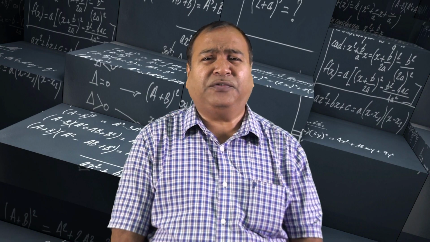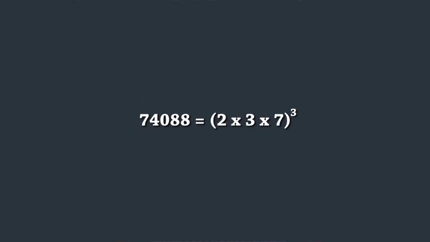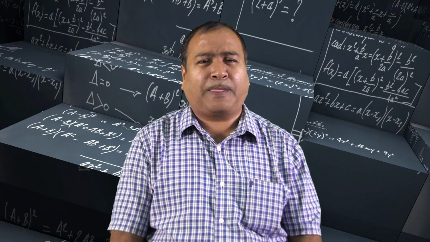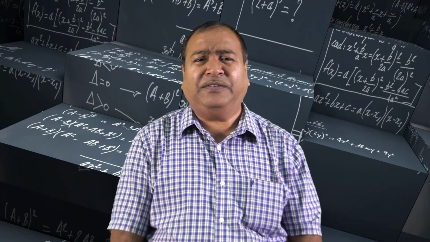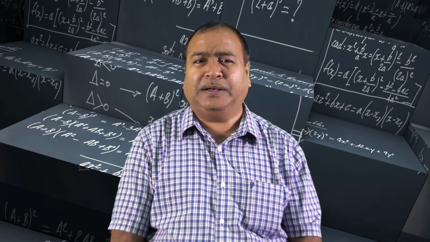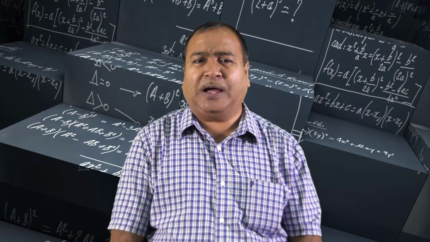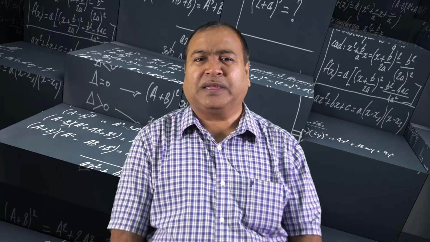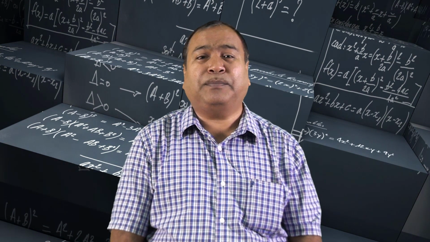Therefore, 74,088 can be written as 2 into 3 into 7 whole cube. Therefore, cube root of 74,088 is equal to 42. Here we note that if in the prime factorization of any number, each factor appears 3 times, then the number is a perfect cube.